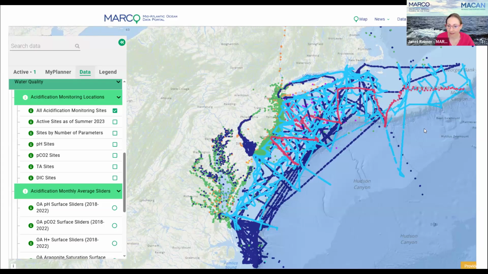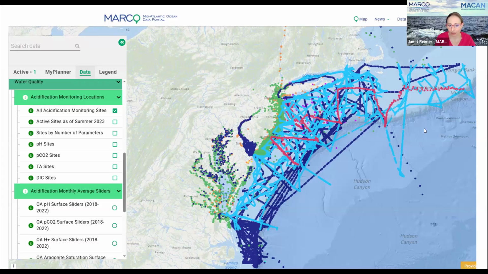How far back does the data go? In the Mid-Atlantic, we have a fairly continuous data set that goes back to 2018, but it depends on the site as well. There's pH data from state agencies that goes back sometimes into the 1960s.